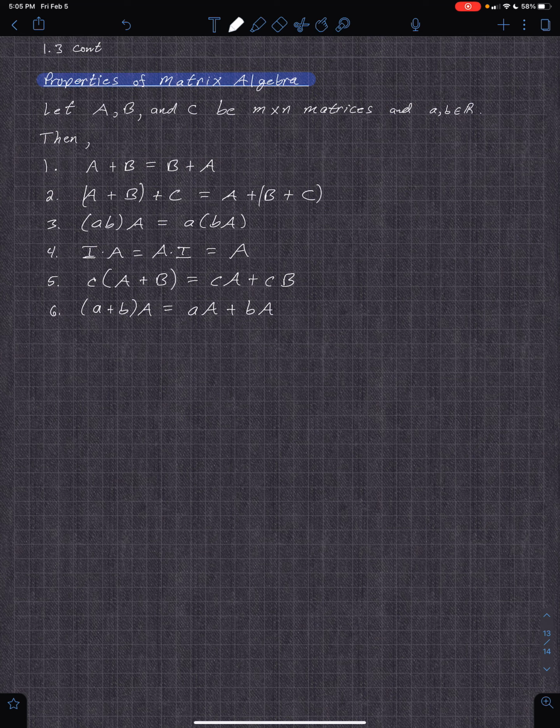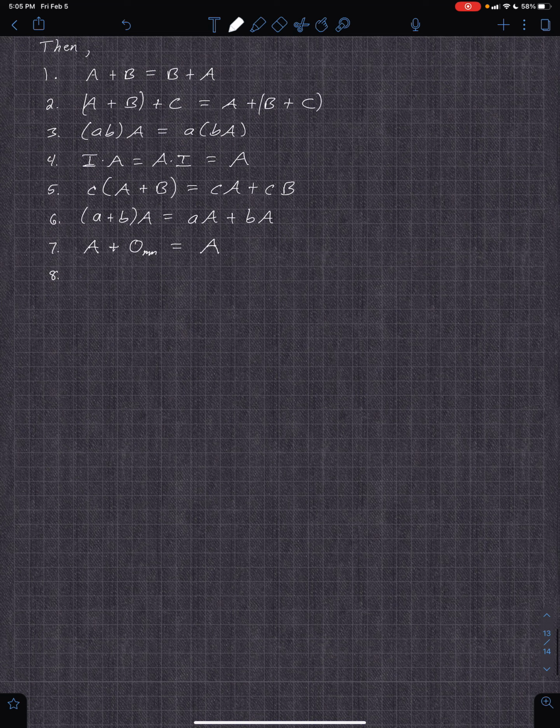It's basically distributing the matrix over the scalar sum. 7 is your additive identity. So A plus the zero matrix, usually written like that, is of course just A.